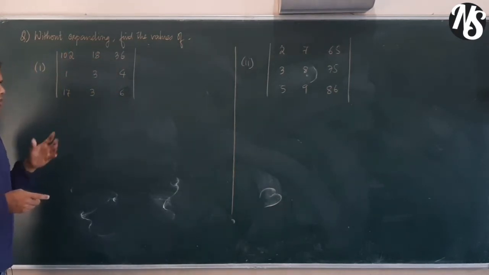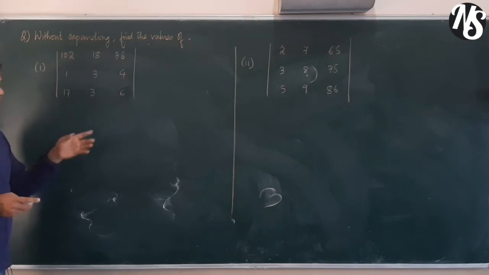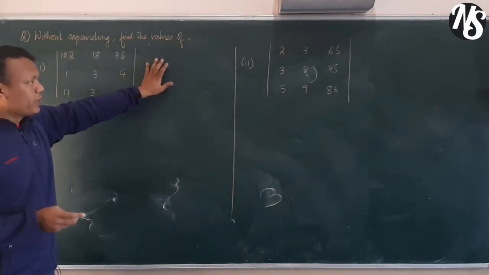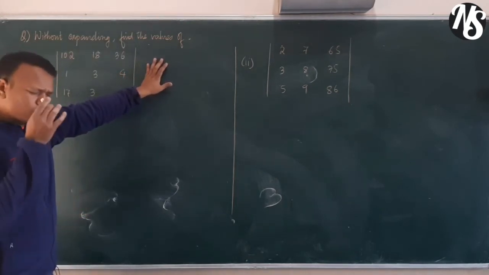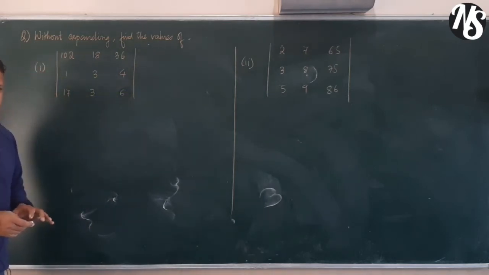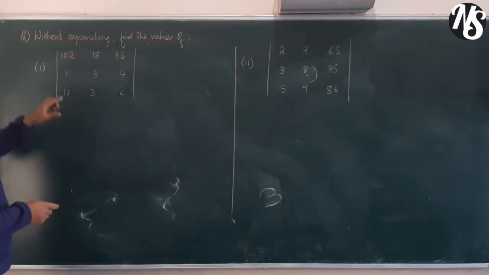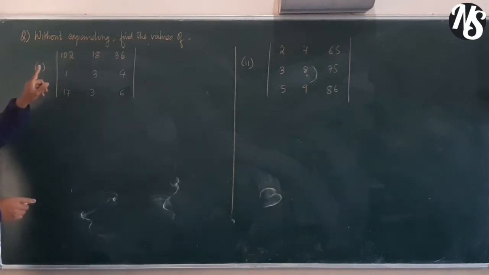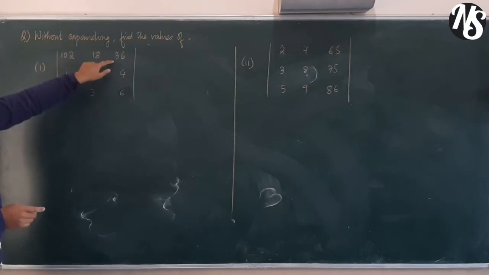In such questions where you are asked to find the value, most of the time your answer will be 0. Let's see how. Here, can I take 7 common?